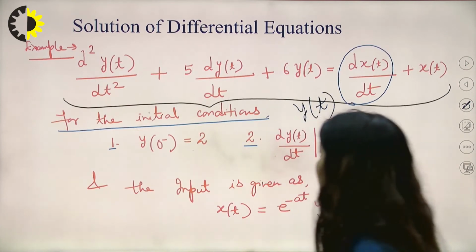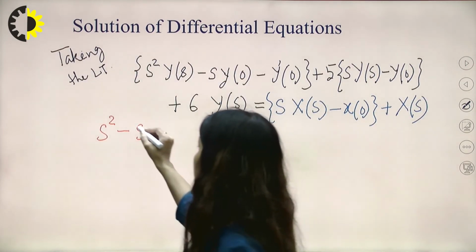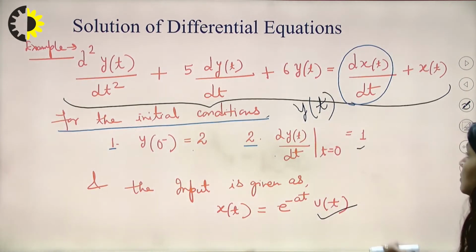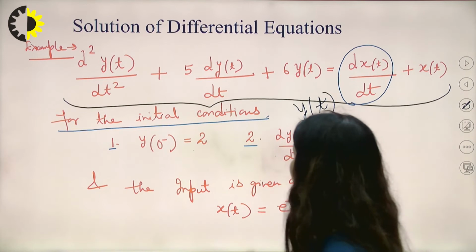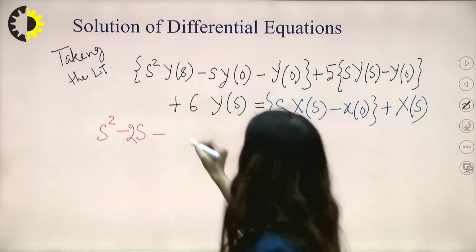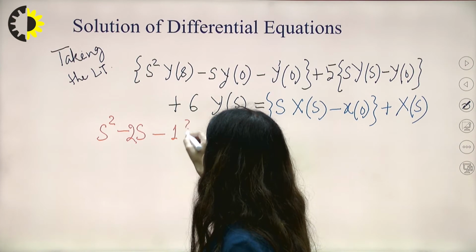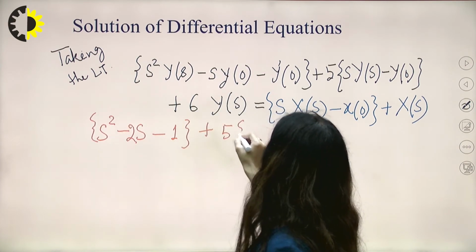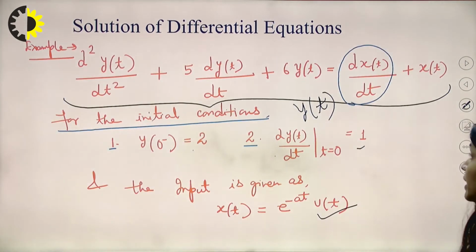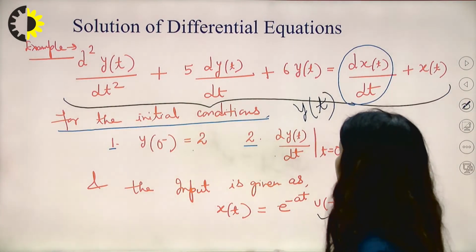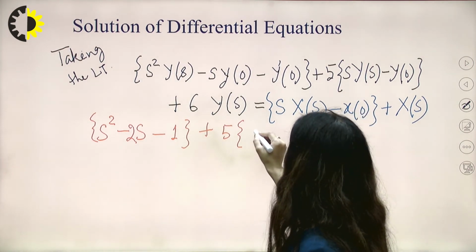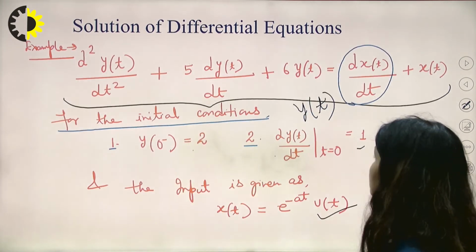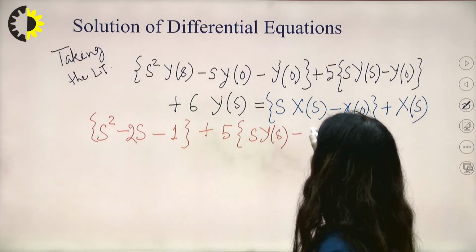Now we will put the values, y(0) is 2, so it will be 2 minus y dash (0), that is 1, so minus 1, put inside the bracket, plus 5 of s Y(s), that would be the same, the initial condition minus y(0), that will be again 2.